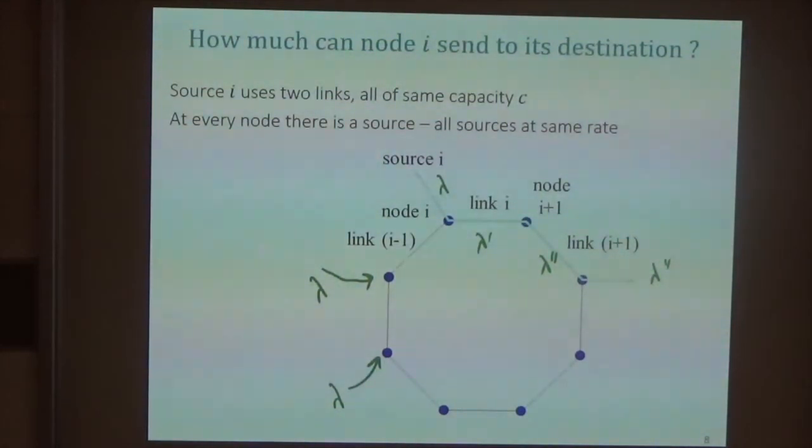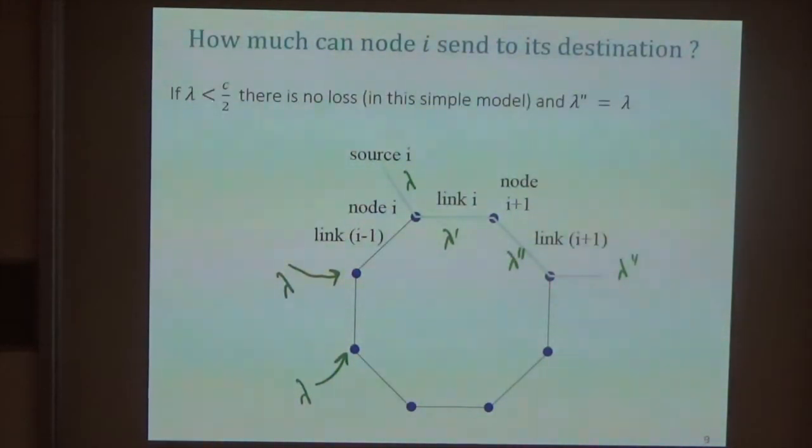So every source puts lambda into this ring. What the destination receives is lambda second. Of course, we can see that if lambda is very, very small compared to the capacity of the link, lambda prime is equal to lambda second is equal to lambda, so the output rate is the input rate. But if it's very large, it will be less by the same phenomenon as we saw before.